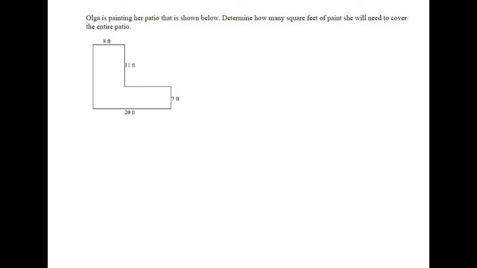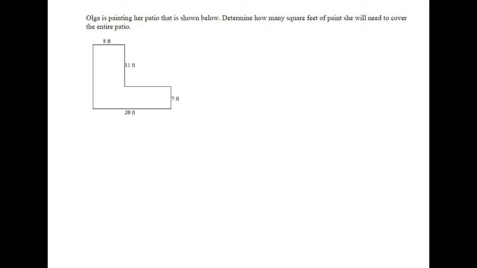Okay, we could cut it right here, and that would give you a rectangle here and another one down here. Or we can cut it this way and have one here and one here. It doesn't matter.